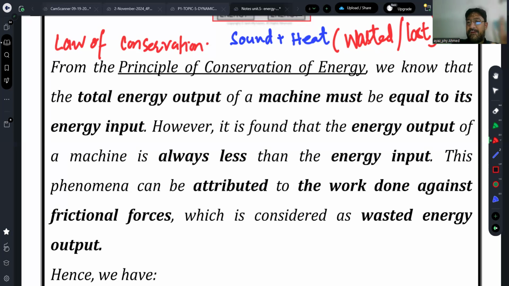So the useful output energy of the machine is always less than the total input. This can be attributed to work done against friction forces, work done against different forces which are dissipating energy, which is wasted.